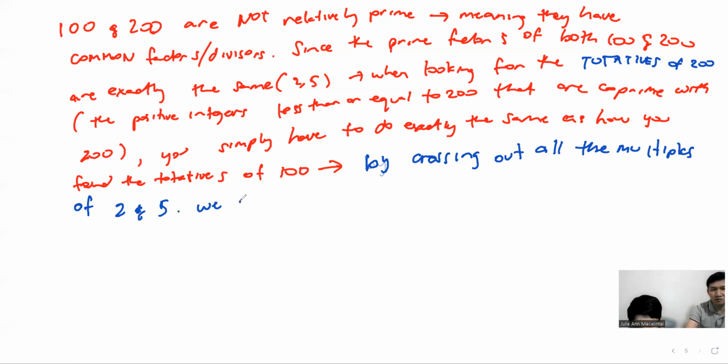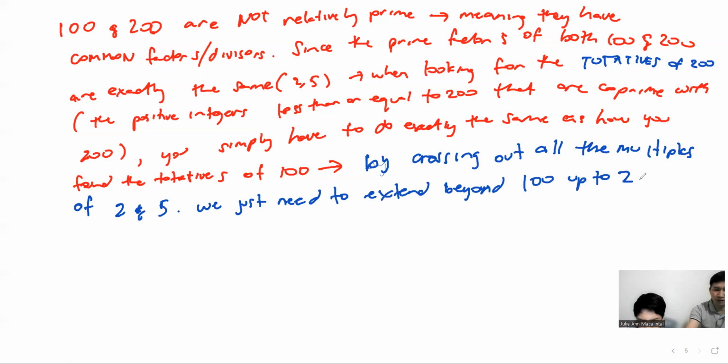We just need to extend beyond 100 up to 200. Essentially, all multiples of both 2 and 5 get crossed out, they all share the same totative table, sort of. They're just at different lengths.